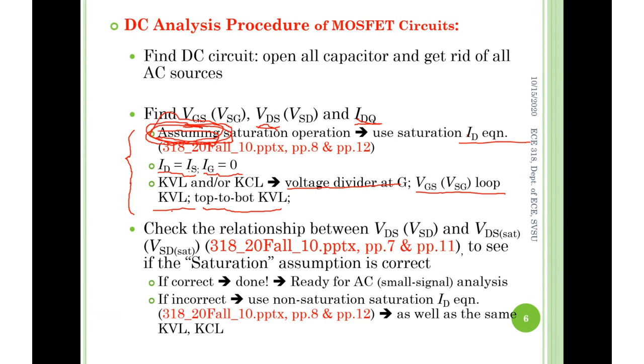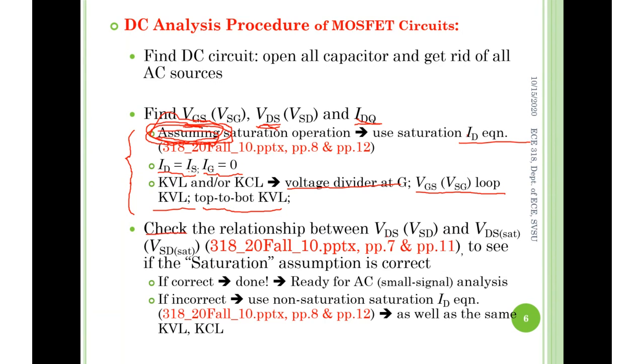You need to justify your assumption, and then you can say, okay, these are correct values, correct results. Does that make sense? You don't know if your assumption is right or wrong yet, and then you can't use those results. That's why you need to check. And this is the next step.